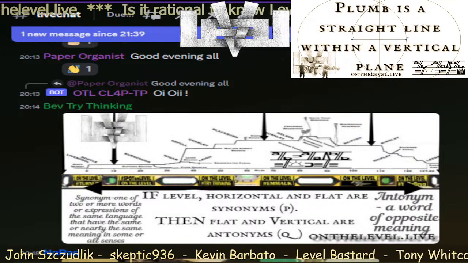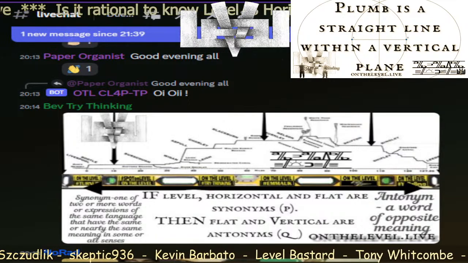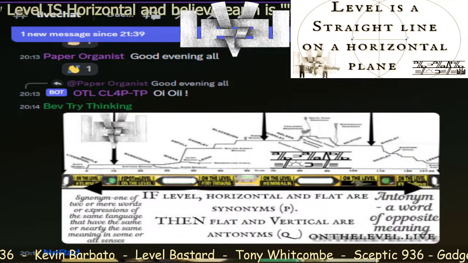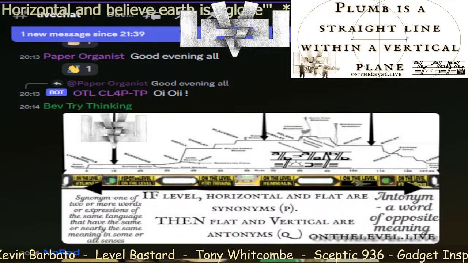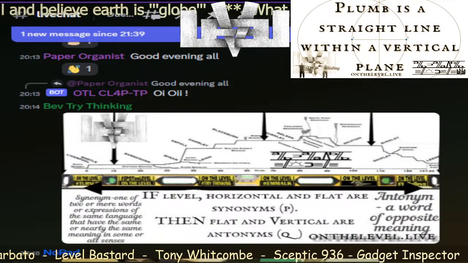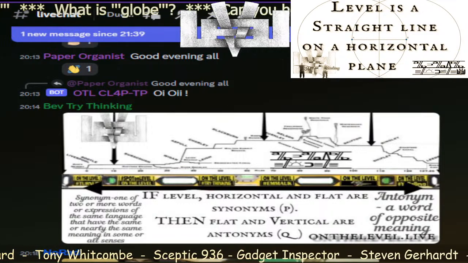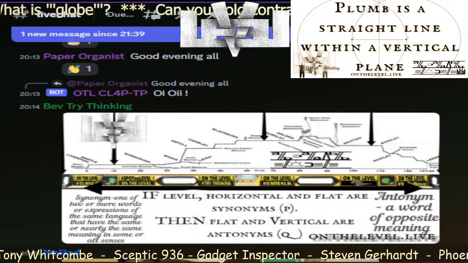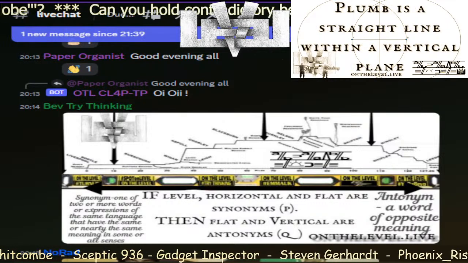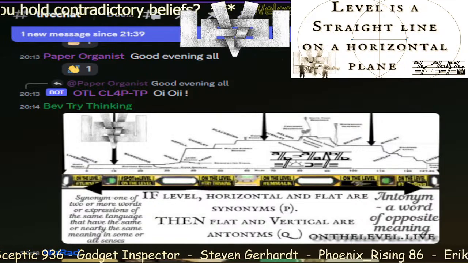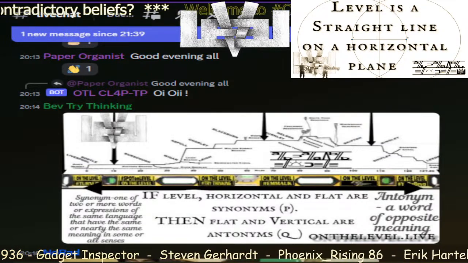Well, I've come to my conclusion, Lakota, that I would say that flat and vertical are not antonyms, because you can have a vertical plane. So therefore, they cannot be antonyms. And because of that, not Q, we can say not P. Therefore, level, horizontal, and flat can't be synonyms.